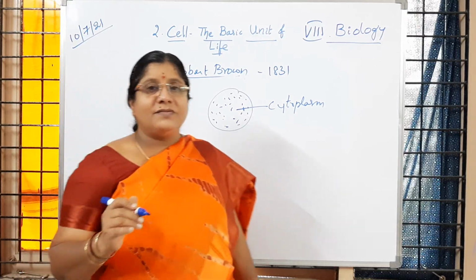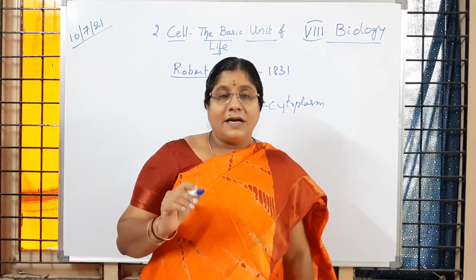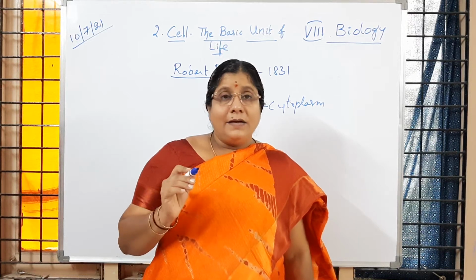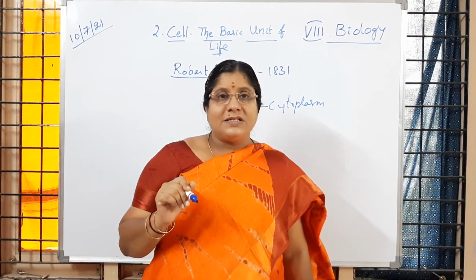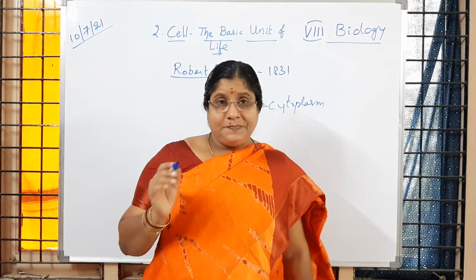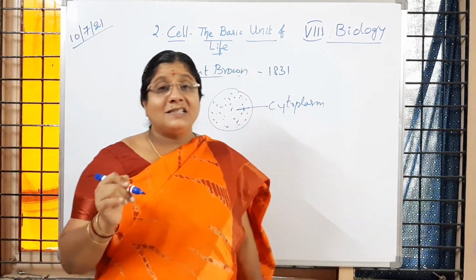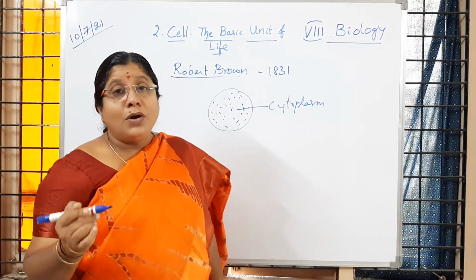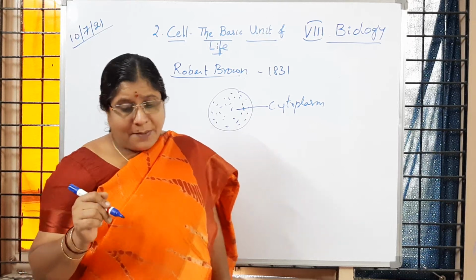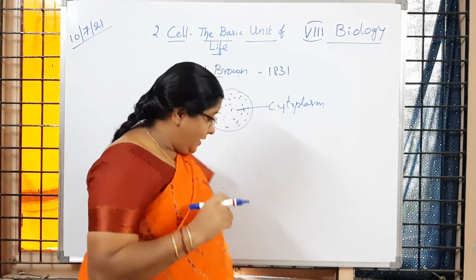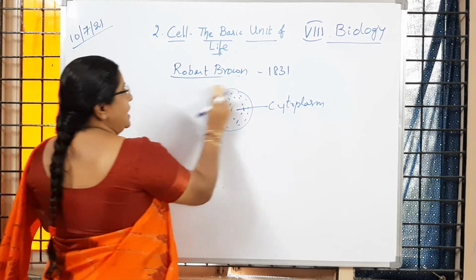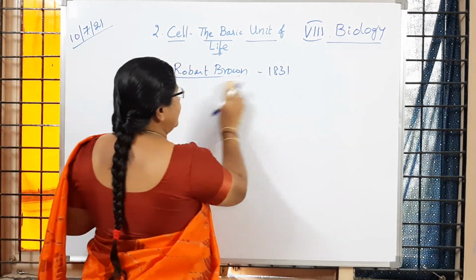So what are the functions of the nucleus, children? The nucleus was studied by Robert Brown, and it is present at the center of the cell. So it is called the control room of the cell. Some cells have a nucleus, and some other cells do not have a nucleus.